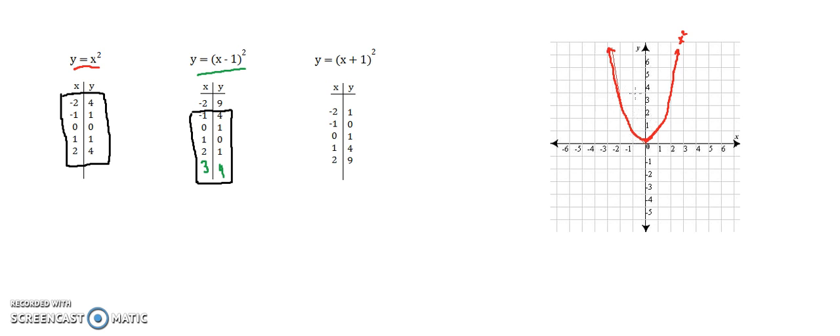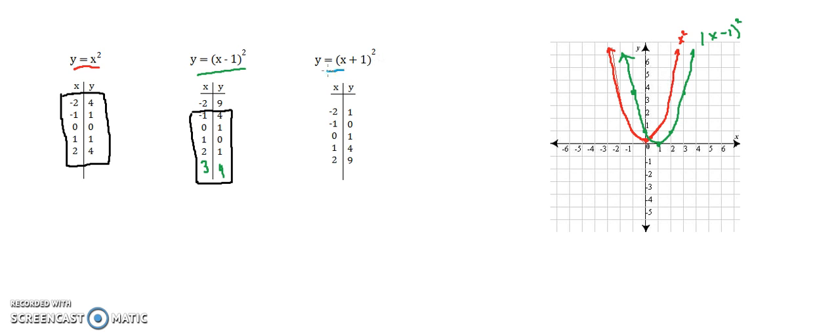Okay, so we've got negative 1, 4, 0, 1, 1, 0, 2, 1, and 3, 4. And sure enough, we can see that the green graph is the same as our original graph, shifted to the right by 1.